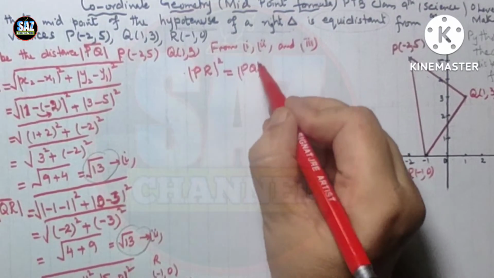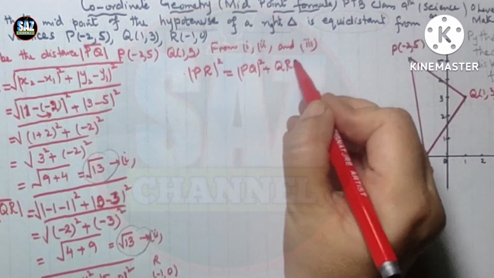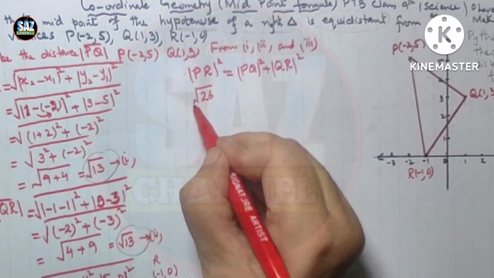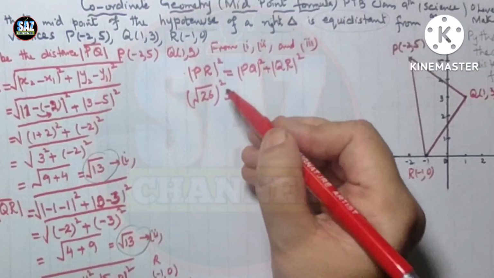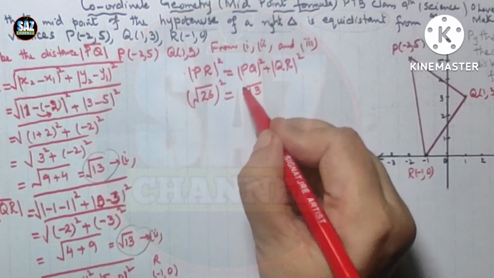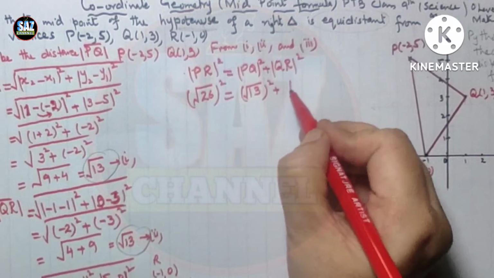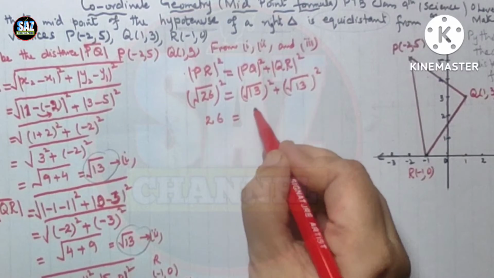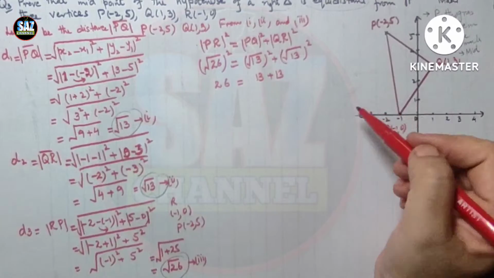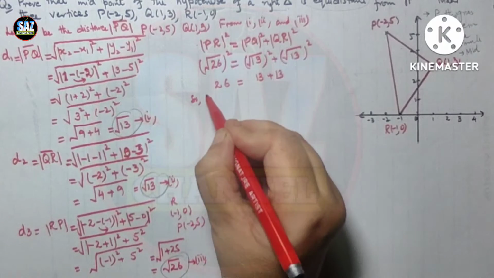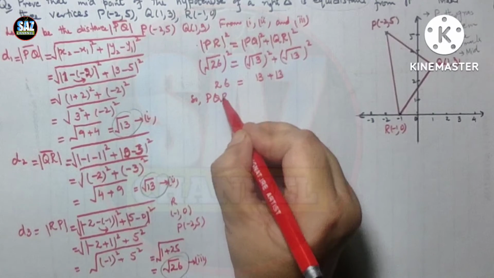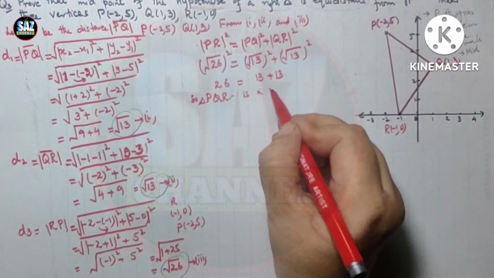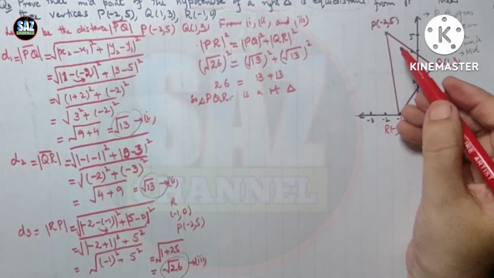That is square root 26 squared, equals under root 13 squared plus under root 13 squared. So 26 equals 13 plus 13. It means that PQR is a right triangle, with which side as the hypotenuse? With PR as hypotenuse.